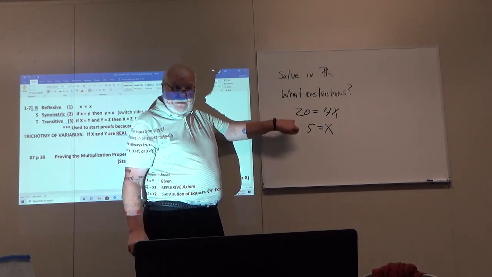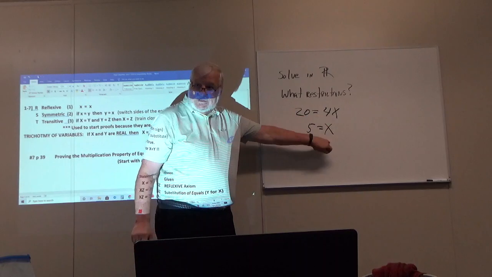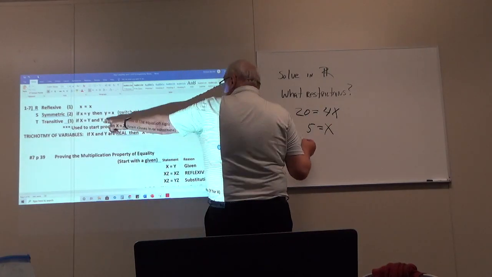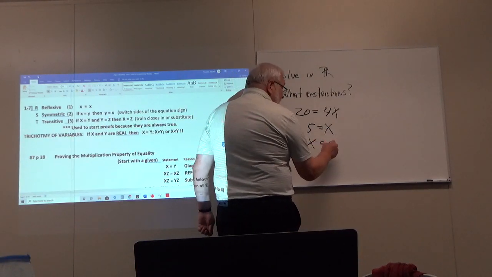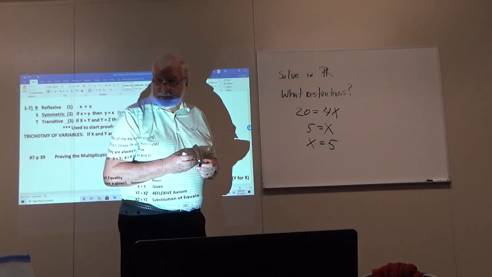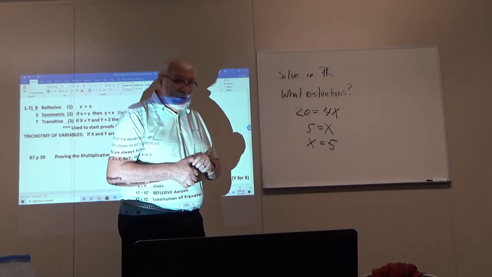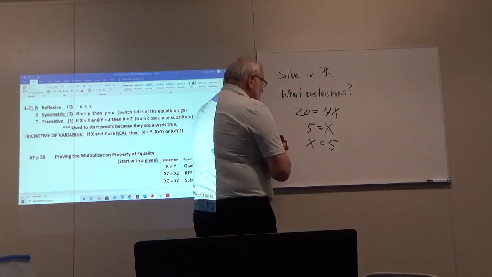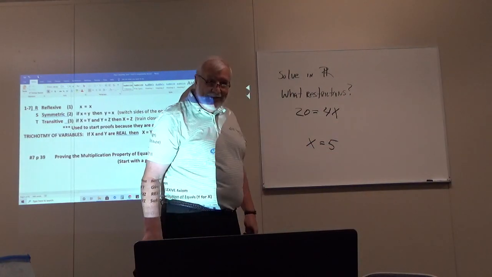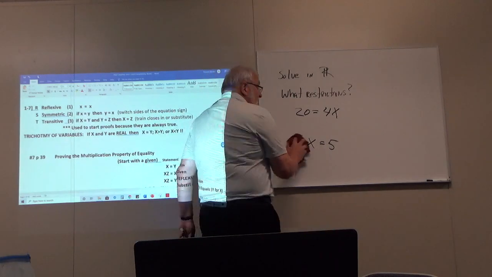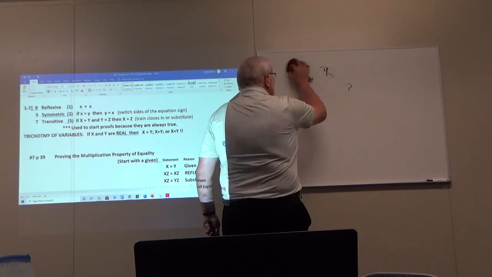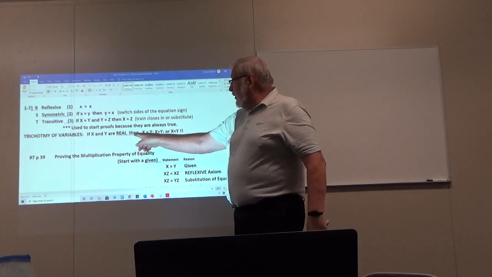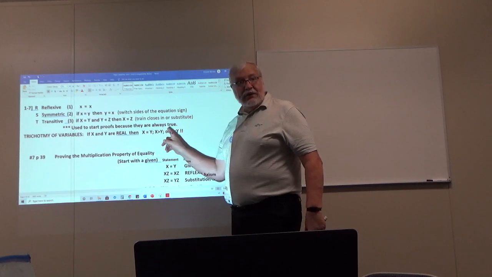Because the 20 is divided by 4 and the 4x is divided by 4, but that's not what I want. So the symmetric property says that I can switch these around and answer it that way. That's the reason for having the symmetric property. Does that make sense? Technically we skip this and do it in our head, but know that you had a step that you skipped. We also talked about the trichotomy: if x and y are real, then it's either equal, greater than, or less than.